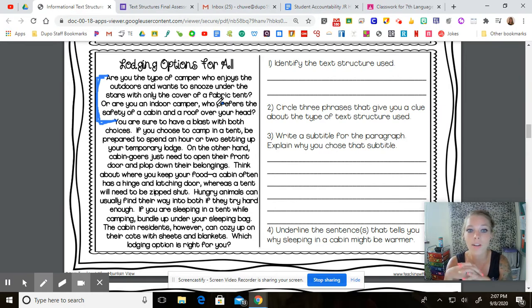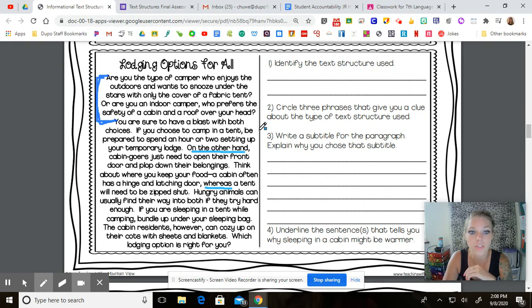If you choose to camp in a tent, be prepared to spend an hour or two setting up your temporary lodge. On the other hand, cabin goers just need to open up their front door and plop down their belongings. Think about where you keep your food. A cabin often has a hinge and latching door, whereas a tent you will need to be zipped shut.